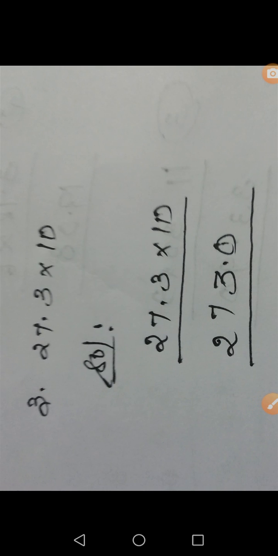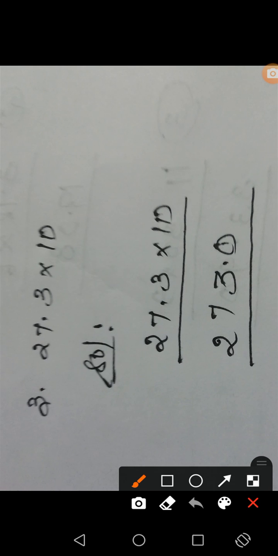27.3 into 10. You listen, how to do the product. The product with zeros, first of all we write 0.